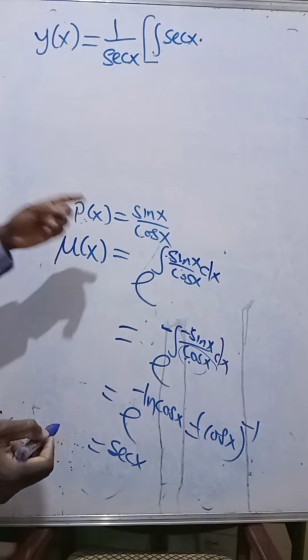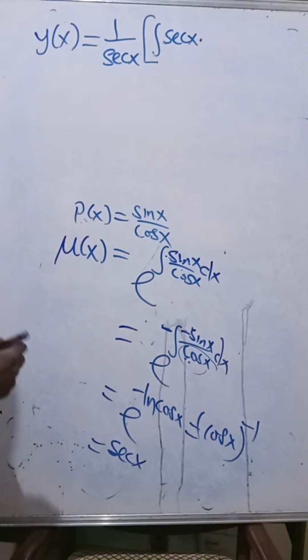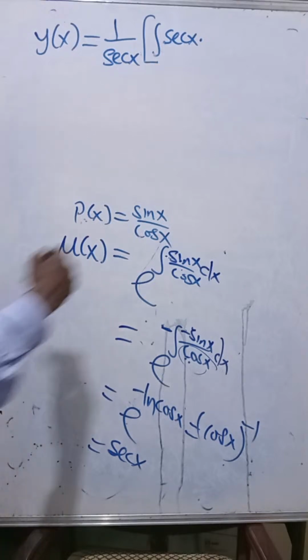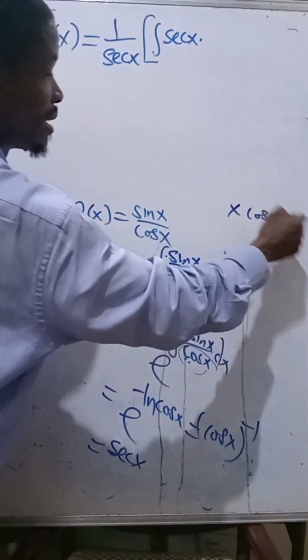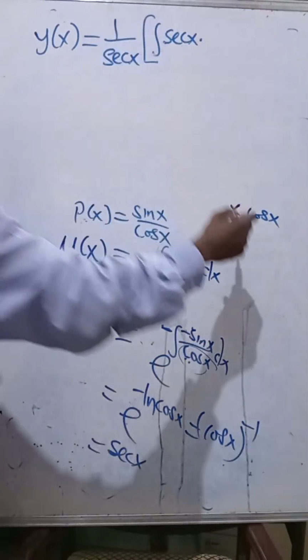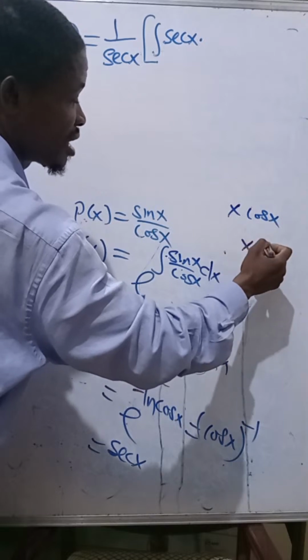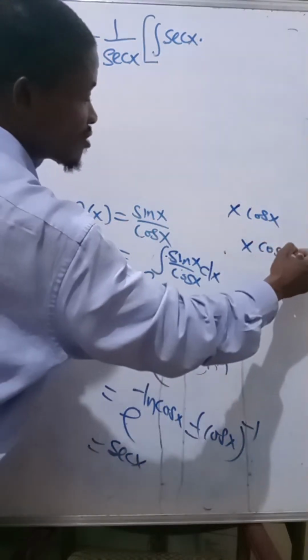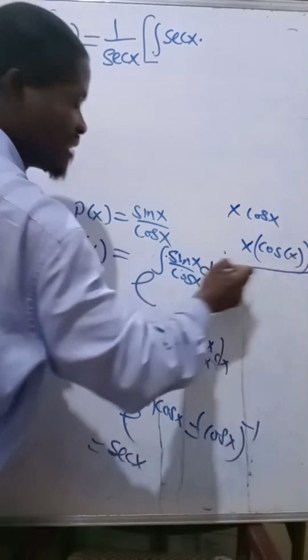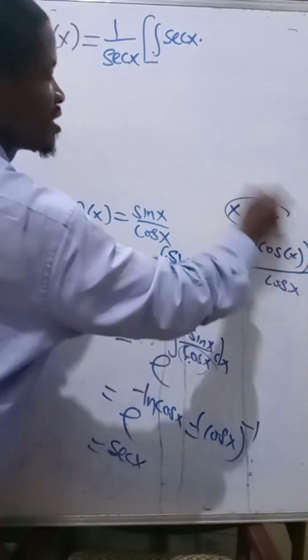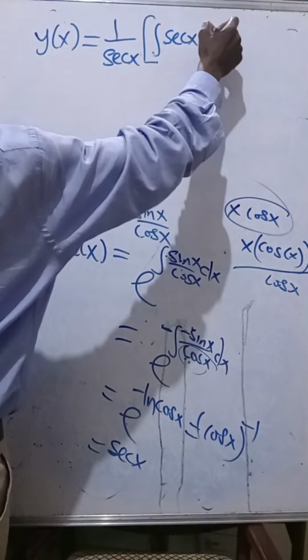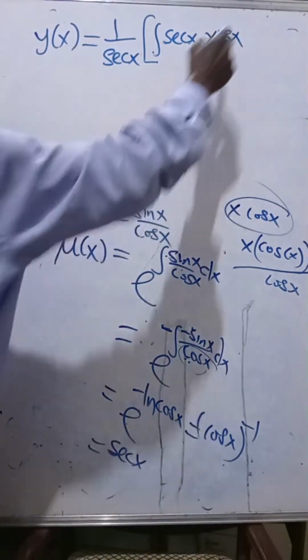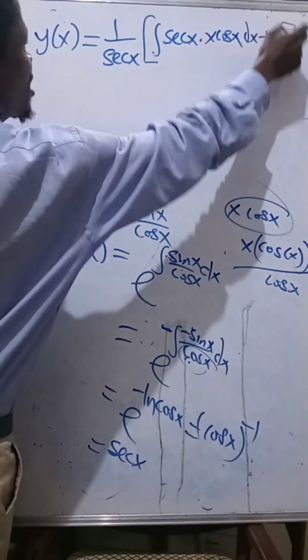I think I've claimed that f of x is x cos x. Remember, on the right hand side, initially we have x cos x all squared, and then we divided by cos x, so it remains x cos x. So times x cos x dx plus c. So that's what we have.